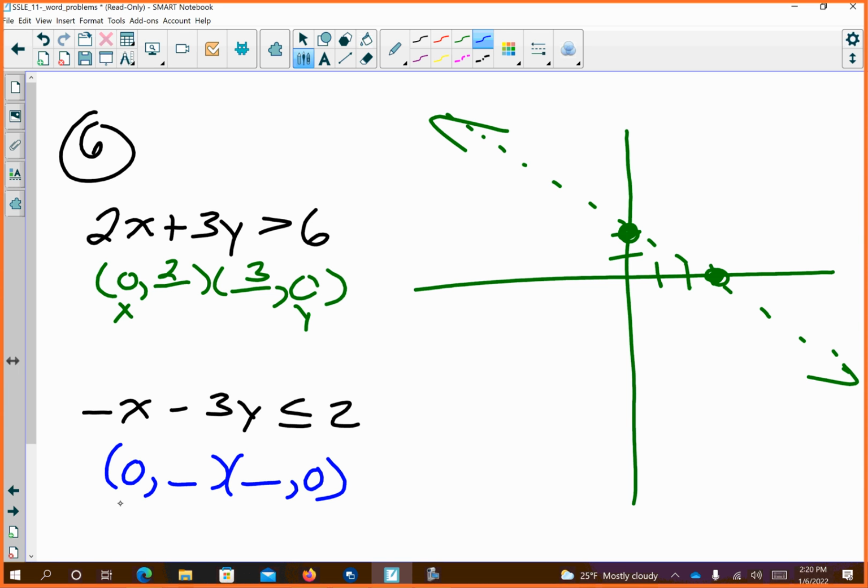The other one's also a cover method. Okay, so this is an x value, so negative 3y equals 2. If I want to solve that, I get this. So 0 comma negative 2/3 is like down here. And this is a y value, so cover up the y, so that would be negative 2.